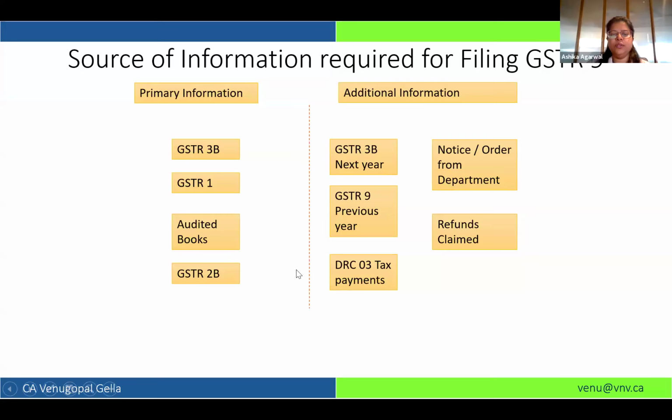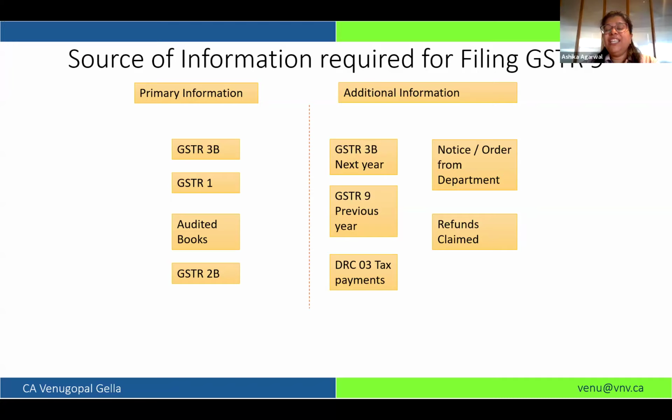So as we understood about the form's parts and basics, before we start into what needs to be filled in the form, these are the data you have to keep handy in order to fill your 9 and 9C. Obviously, first is the primary information which you will always keep with yourself: your GSTR 1, GSTR 3B, audited books, and 2B.